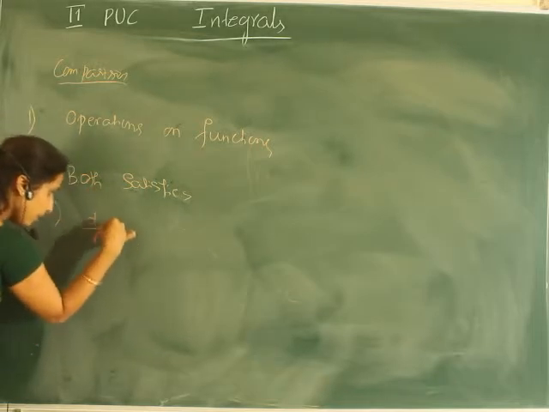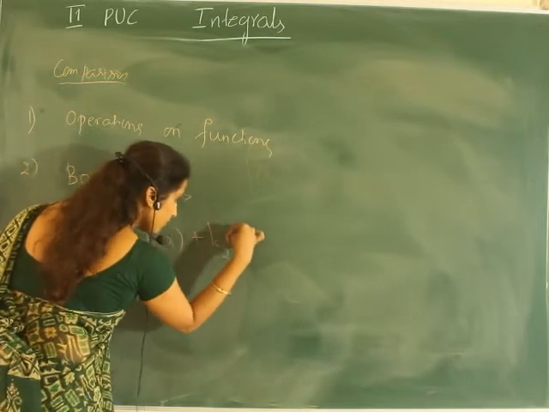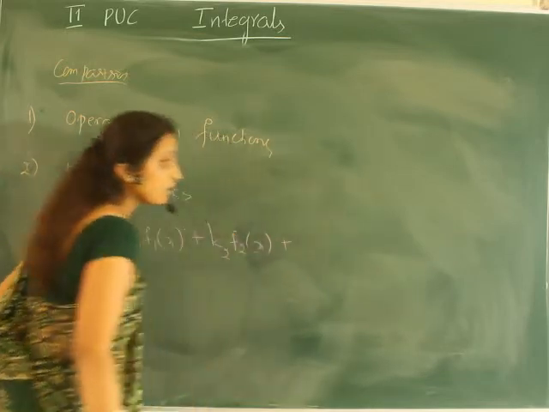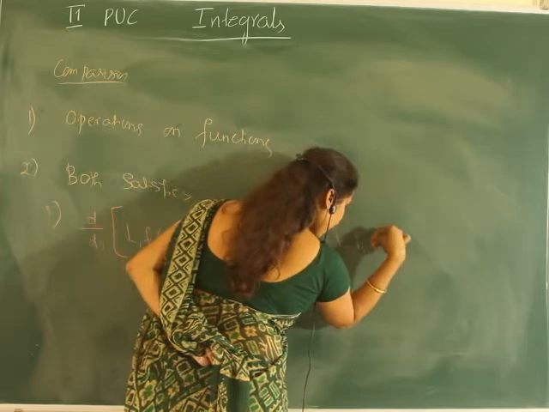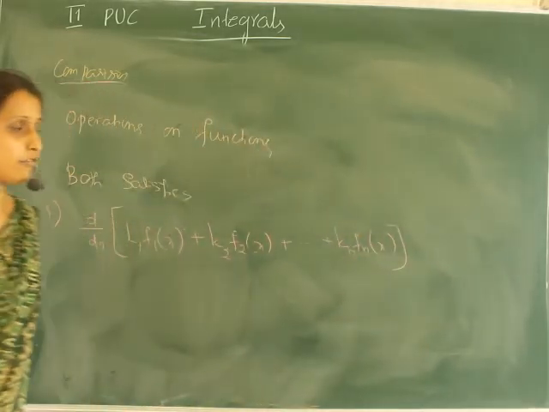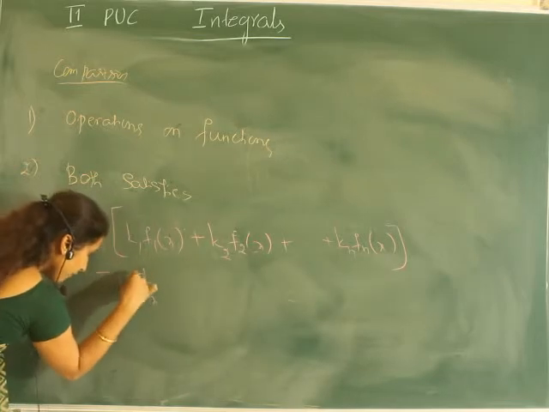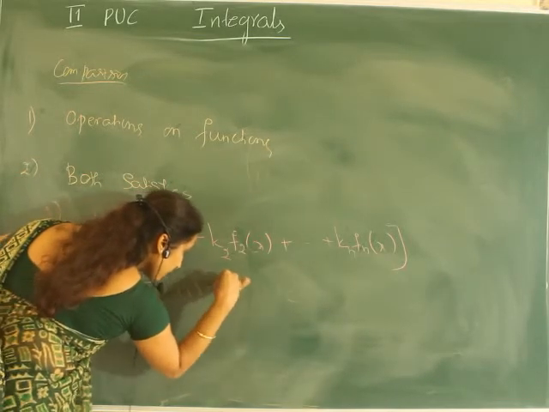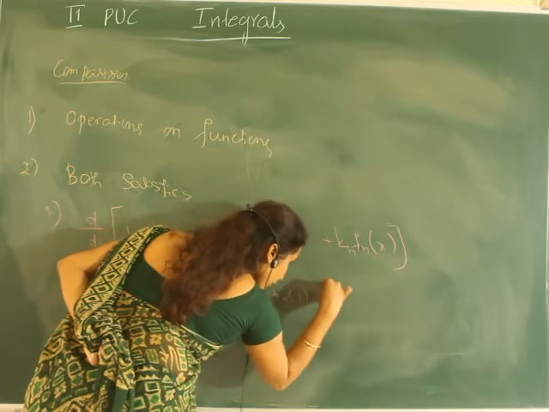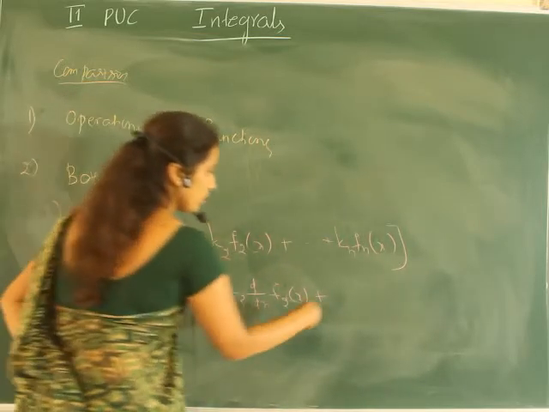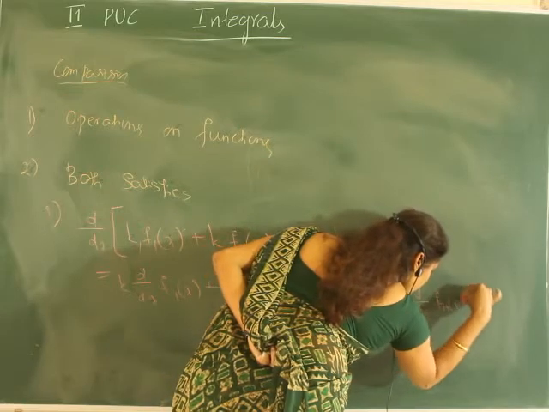Both can be written as the derivative of k1 f1 of x plus k2 f2 of x, and so on up to kn fn of x, can be written as d by dx of it, or k1 into the derivative of f1 of x plus k2 into the derivative of f2 of x, and so on up to kn into the derivative of fn of x.